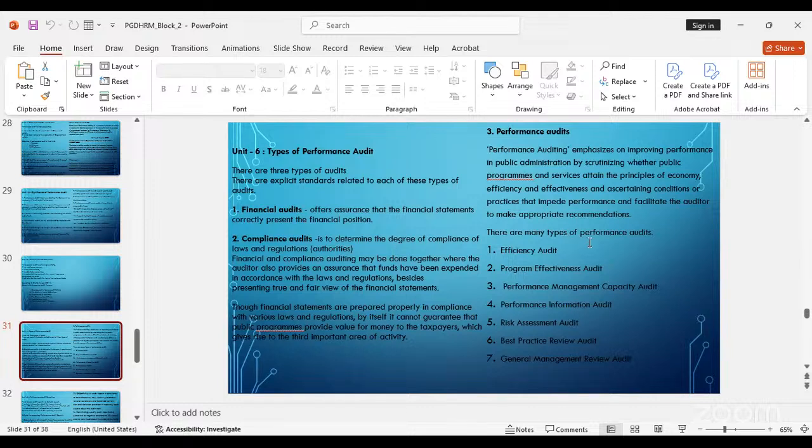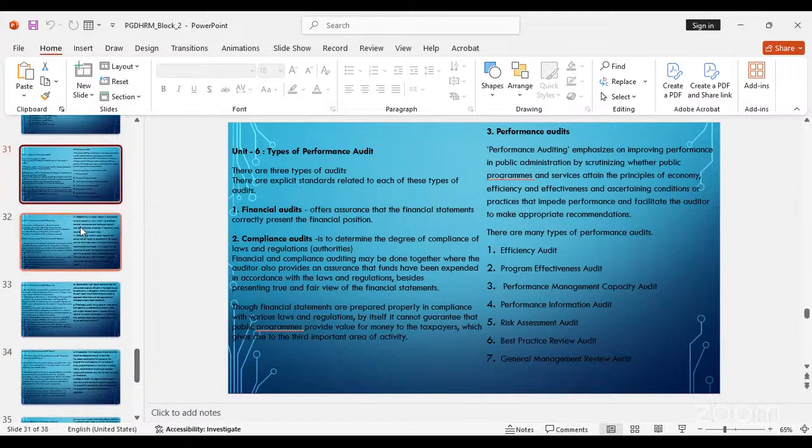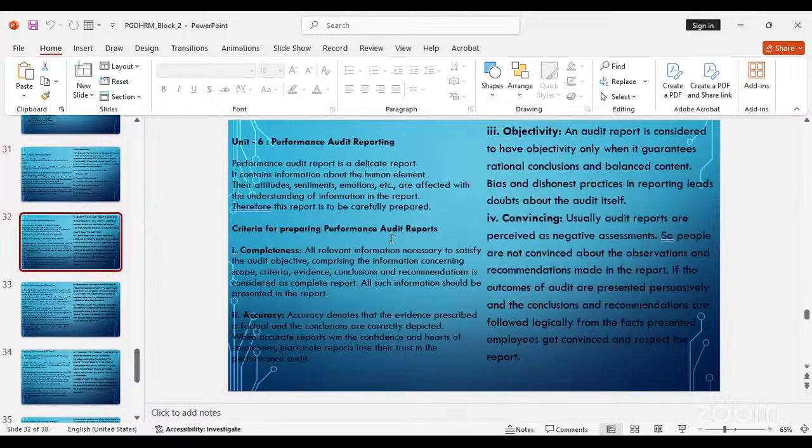There are many other types: efficiency audit, program effectiveness audit, performance management capacity audit, performance information audit, risk assessment audit, you name it. There are any number of audits that can be conducted to identify the performance of organizations as well as individuals.